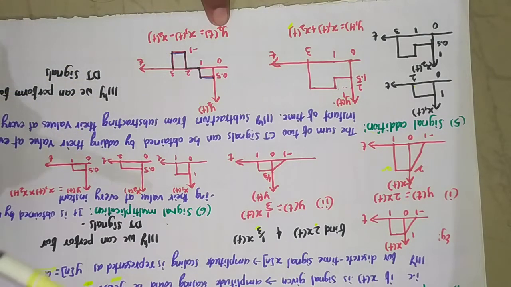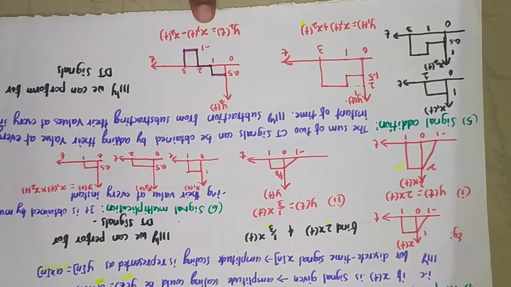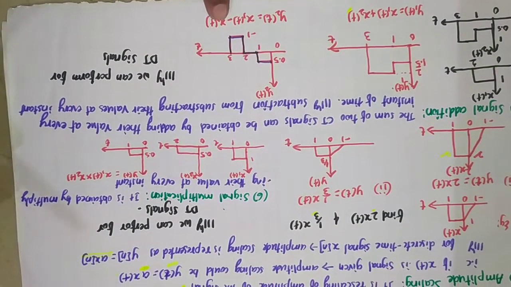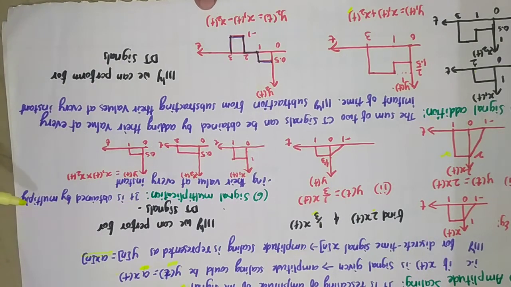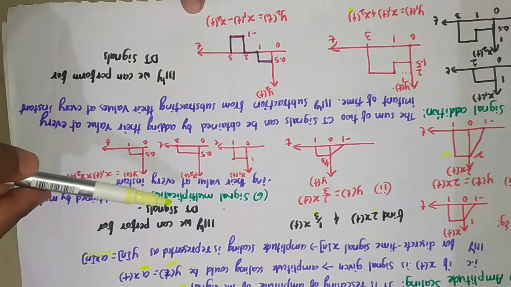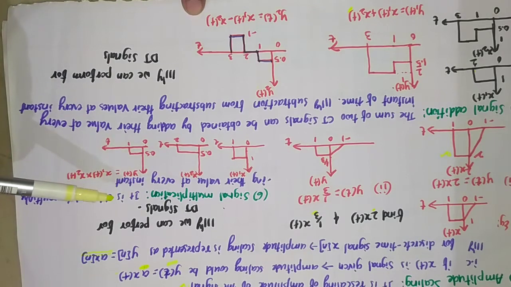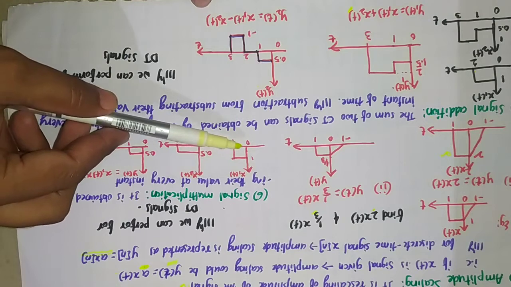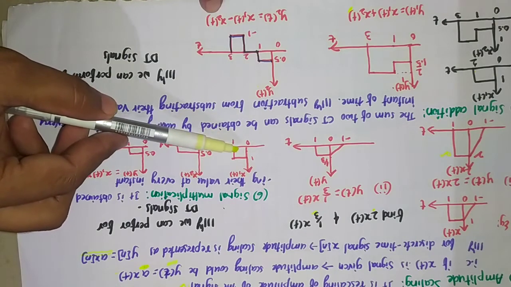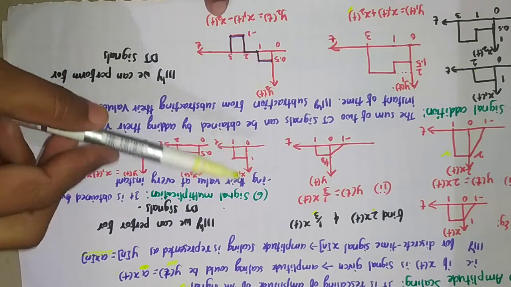Okay, one more operation is there, that is signal multiplication. Signal multiplication, as the name says, is obtained by multiplying their values at every instant. So whatever continuous time signals we take, their particular amplitudes at a particular instant will be multiplied.